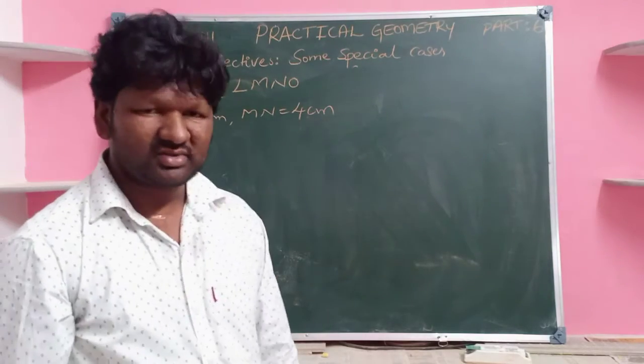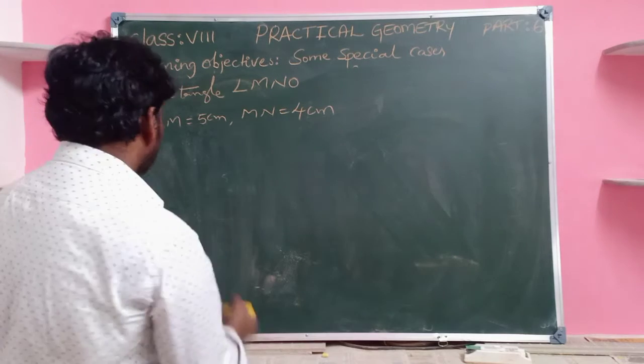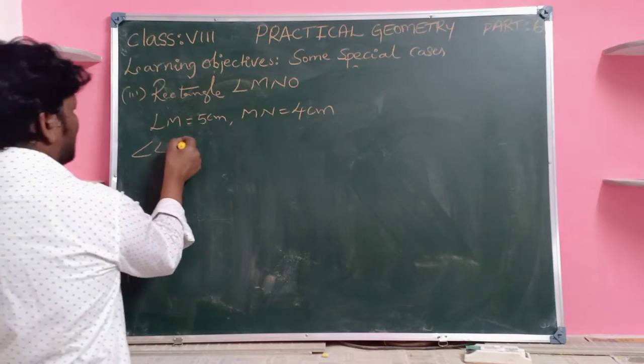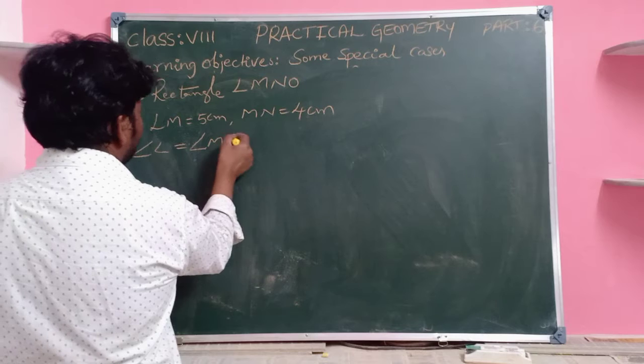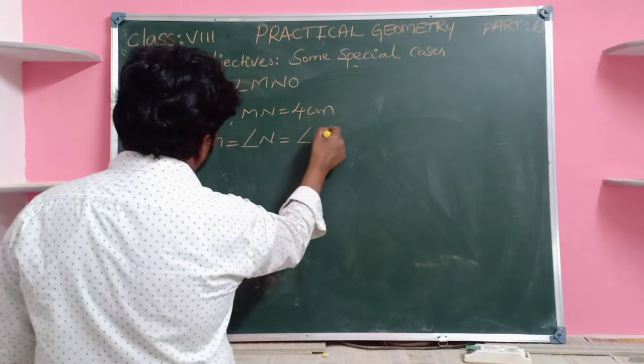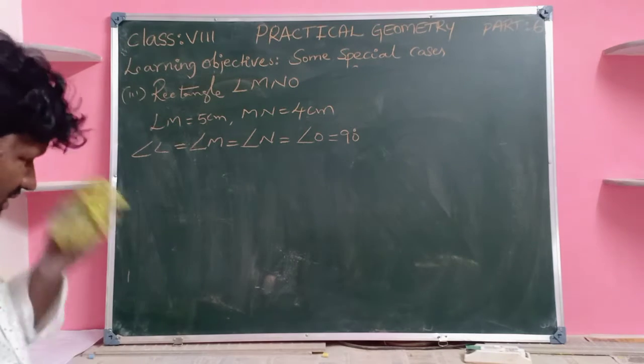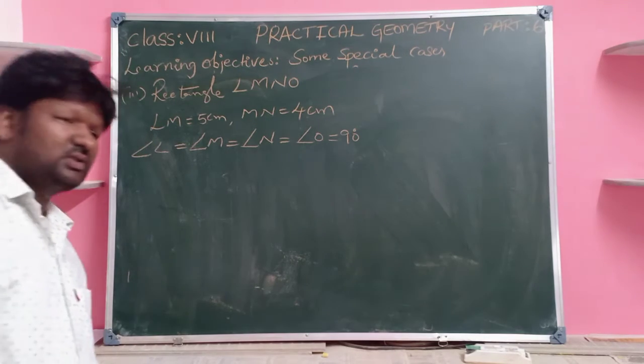That is enough, because all the remaining angles are 90 degrees: angle L, angle M, angle N and angle O are equal to 90 degrees. And the opposite sides are equal and parallel.